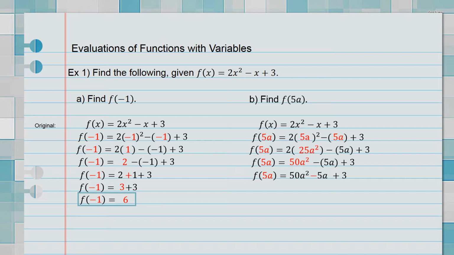From here, no more multiplication division, we look for subtraction and addition. Now, the question is do we have any like terms? Is a squared the same thing as a? No, they're different terms, which means there are no more like terms, so that is your final answer.